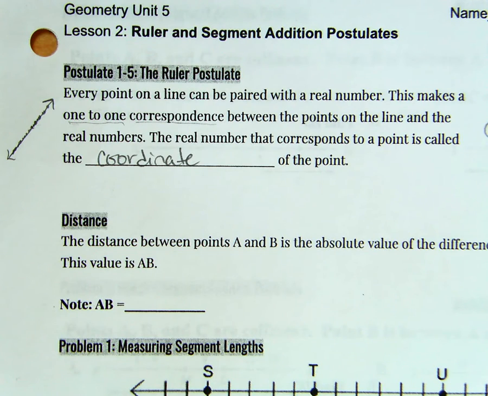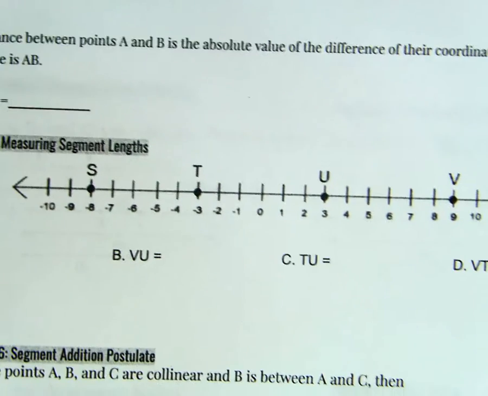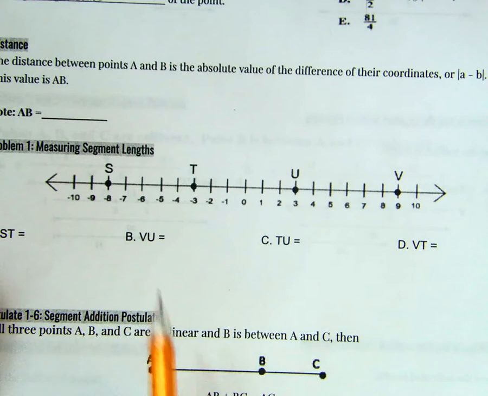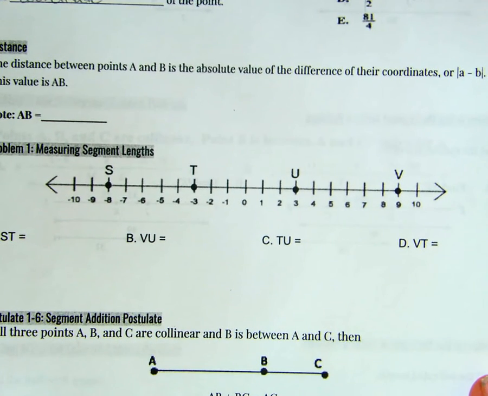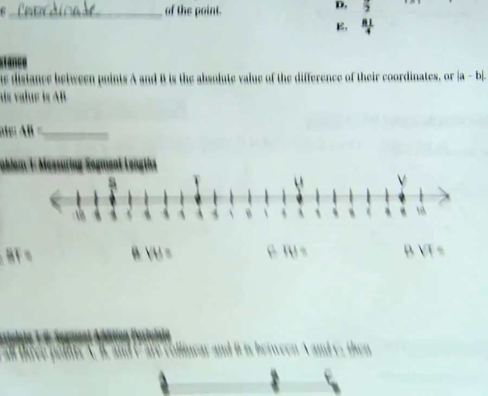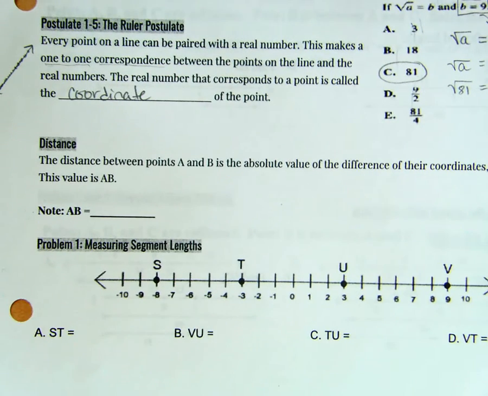And so we think about if we were to take a number line like this one, let me zoom out here, and like this one right here, and we were to put a ruler up to it, we would have a one-to-one correspondence, okay? Let me see if I can make that make sense to you.